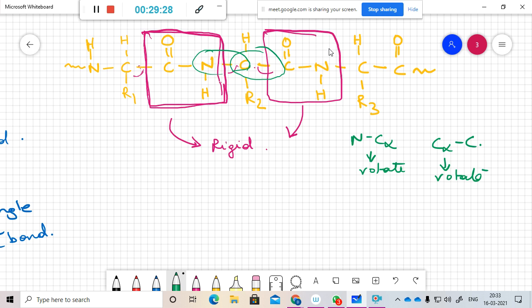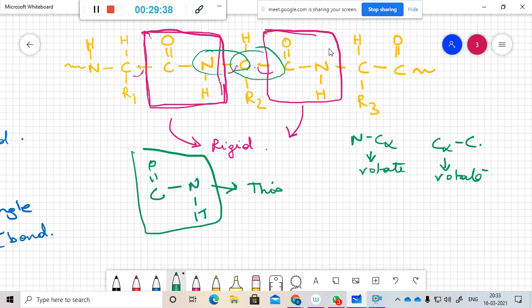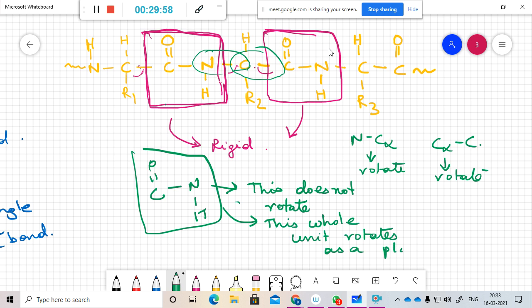But CONH does not rotate. This whole unit rotates as a plane, it will move like this.